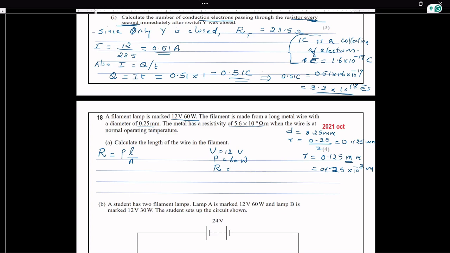We have the relation between voltage, resistance and power. Power is equal to V square over R. From that we can calculate the value of resistance, which is V square over P. That is 12 square over 60.